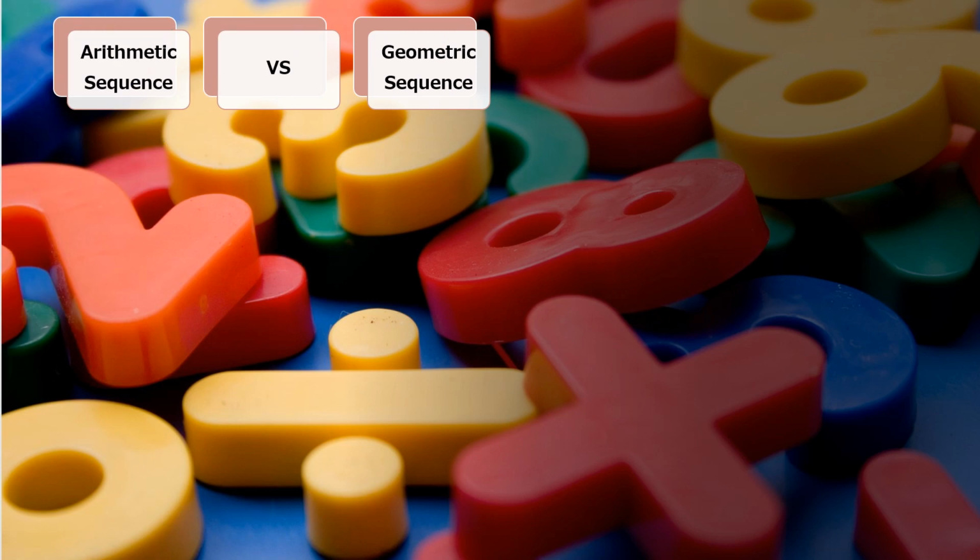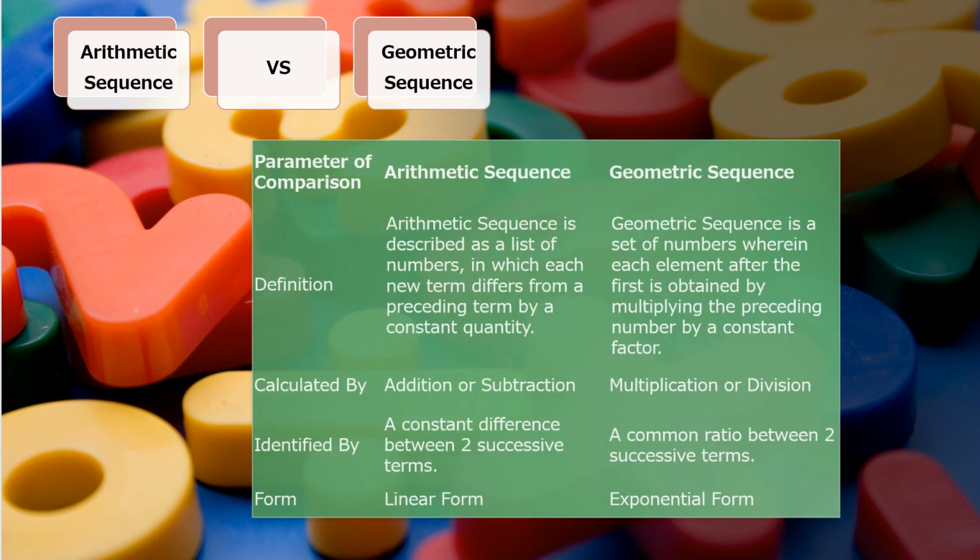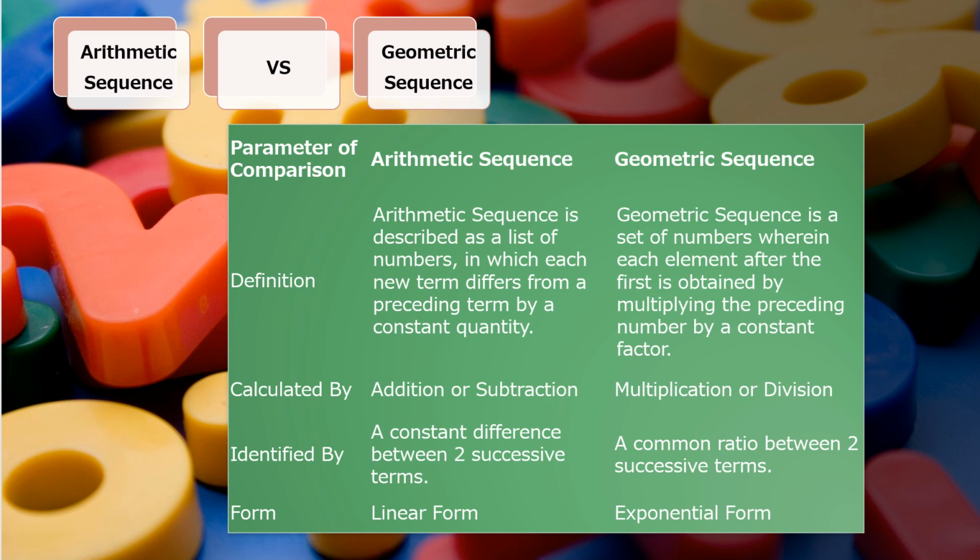Now that we have a brief knowledge on geometric sequences, we'll proceed to identifying the differences of arithmetic and geometric sequences. Arithmetic sequence versus geometric sequence. Parameter of comparison: definition. An arithmetic sequence is described as a list of numbers in which each new term differs from the preceding term by a constant quantity.